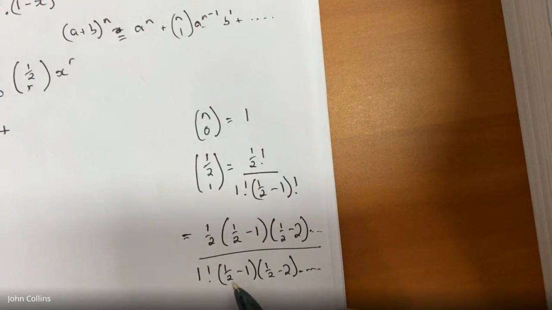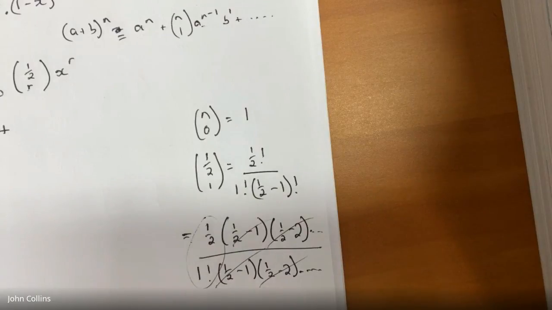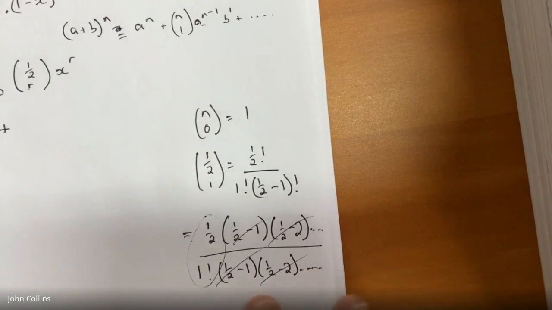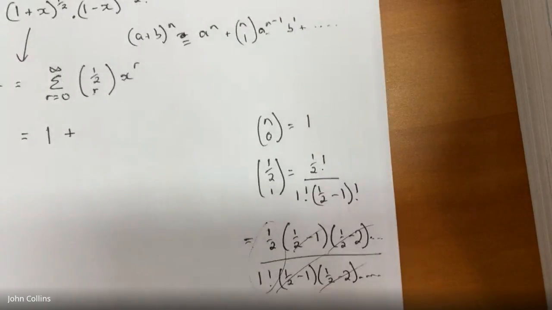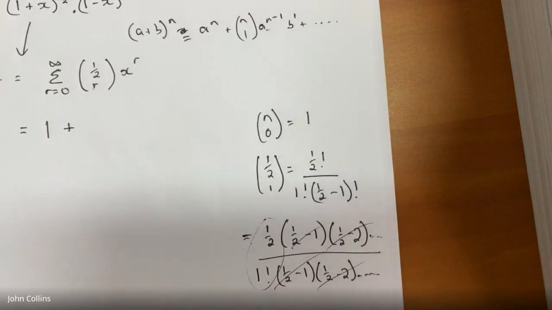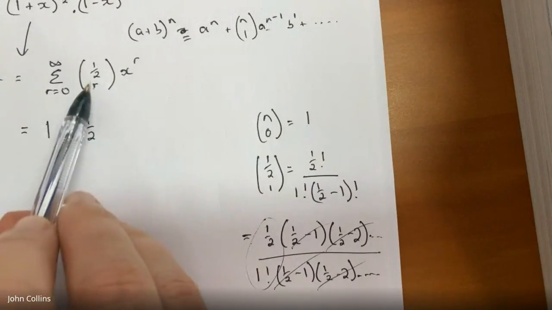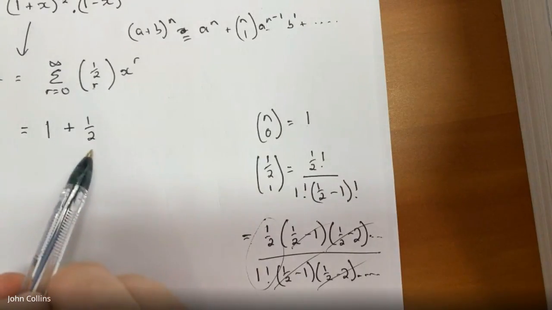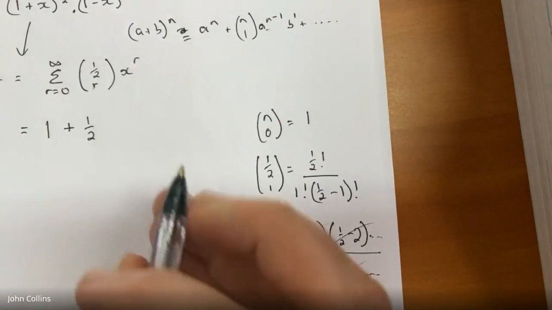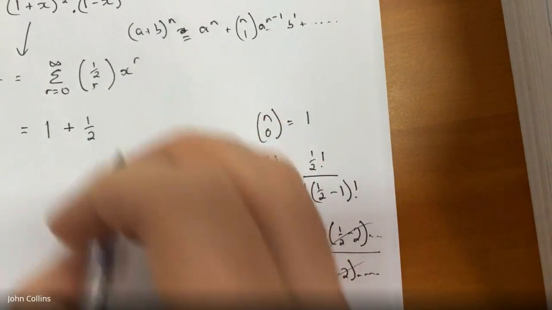Of course, we're going to get cancellations with all this. So we just have a half of a 1, which is just a half. Now, you won't always have to do it like this. It's quite systematic, but we will just put in a half now. So the coefficient, this nCr, is a half, and x to the power of r, well, r is 1, so it's just x.